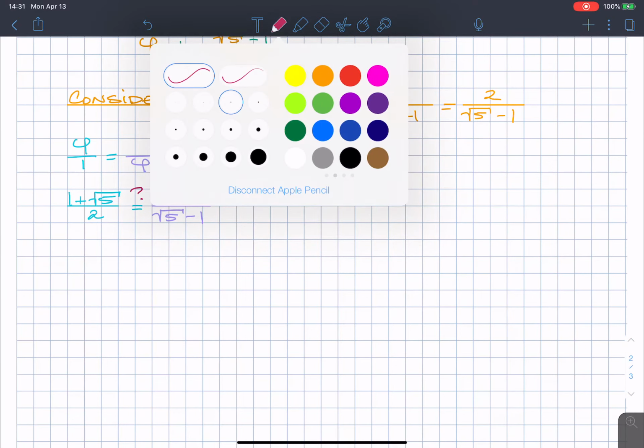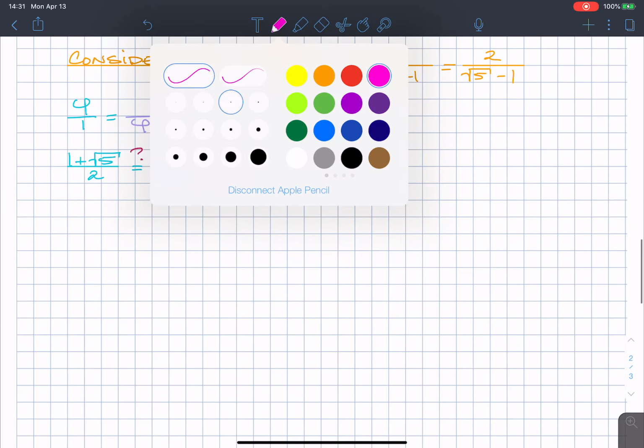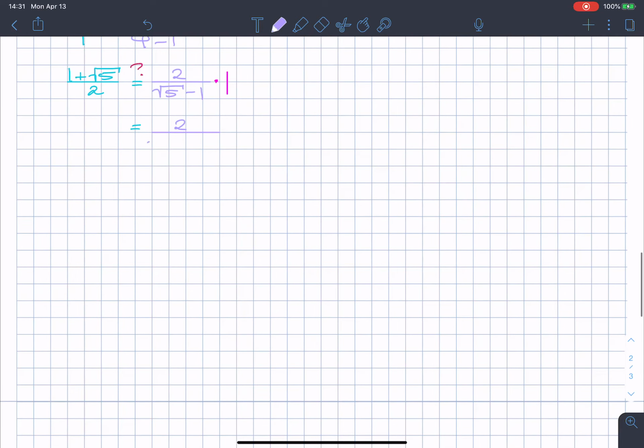Well, let's do the rationalization thing again. I'm going to multiply this through by a very specific 1. So what do I get? So I have 2 divided by the square root of 5 minus 1.